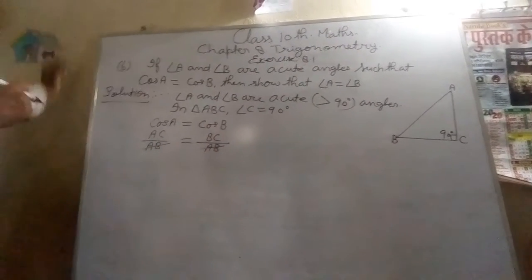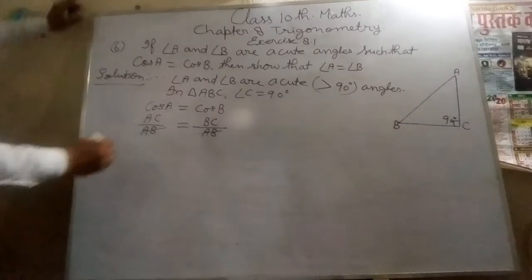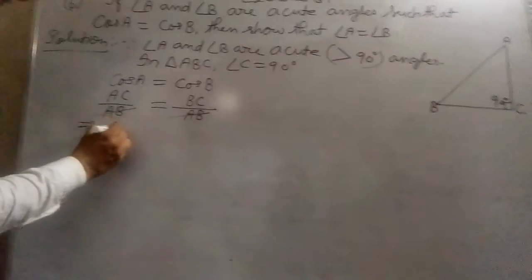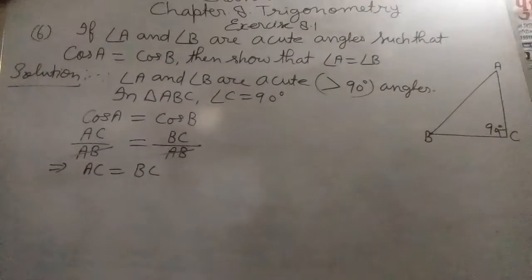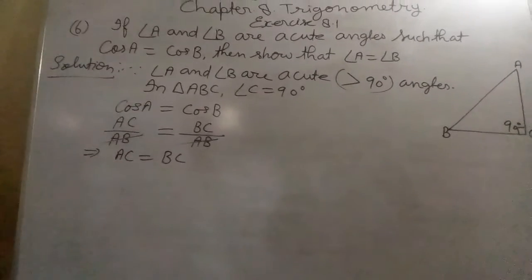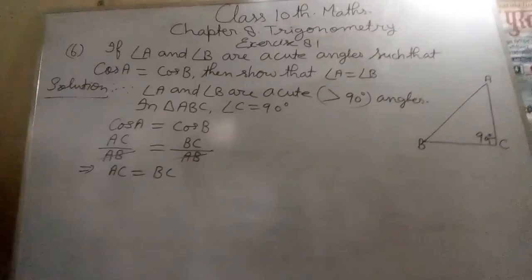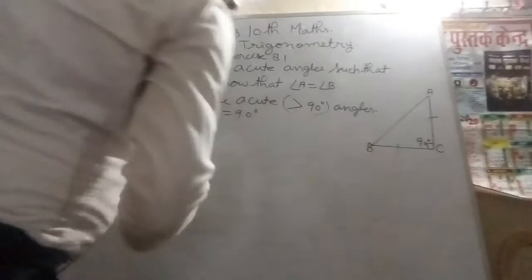Since both have the same denominators, it implies that AC equal to BC, this side AC equal to side BC.